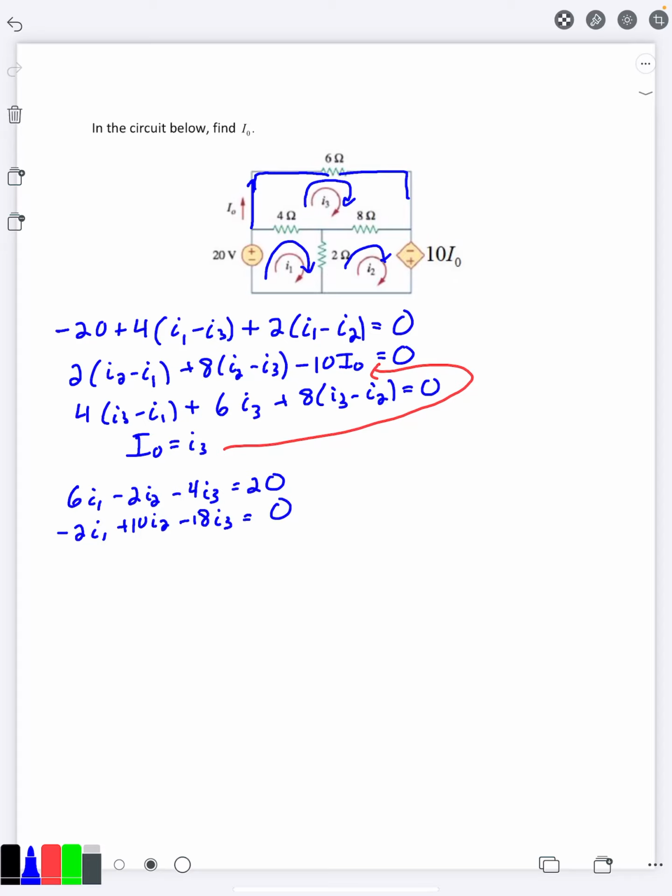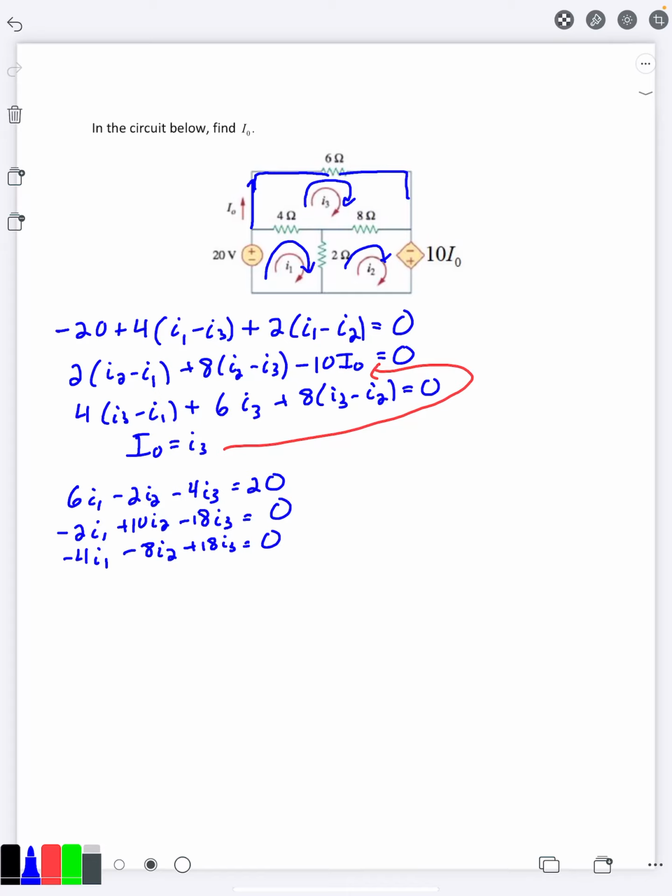And then lastly here, we're going to have minus 4I1 and then minus 8I2, 4I3, 10I3, 18I3 equals 0 here.